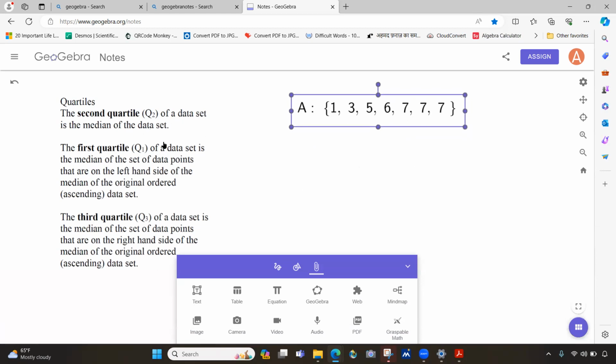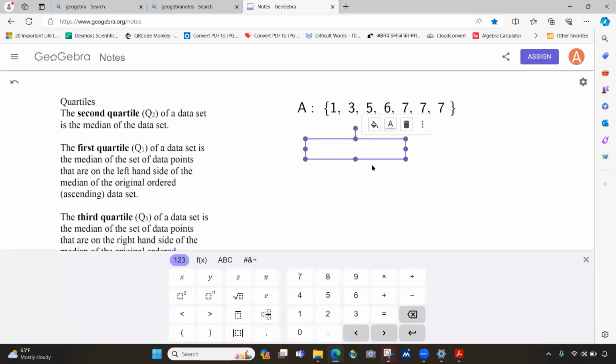So first I'm going to find Q2, and it's written Q subscript 2.